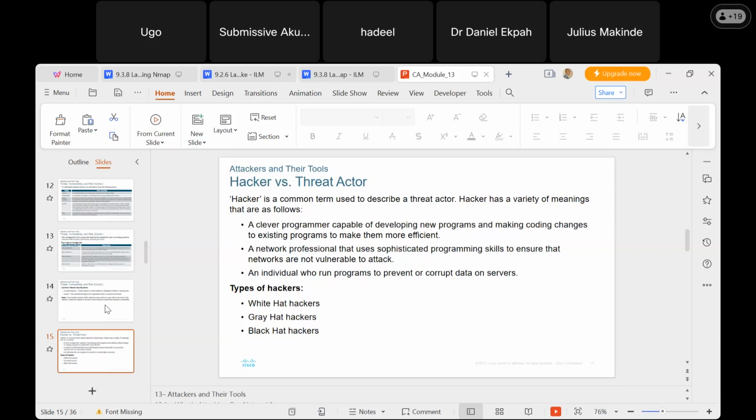The gray hat hackers take advantage of these vulnerabilities, sometimes just for the fun of it. They're in between the white hat hackers and the black hat hackers. The black hat hackers are actually the bad guys here. And so you could have white hat hackers that can eventually become black hat hackers.